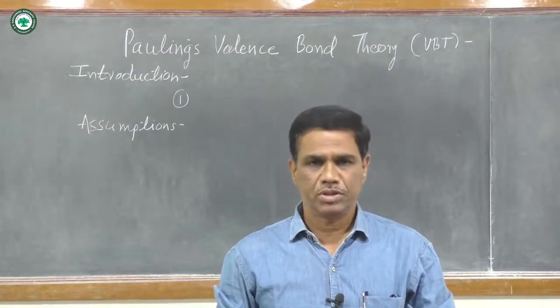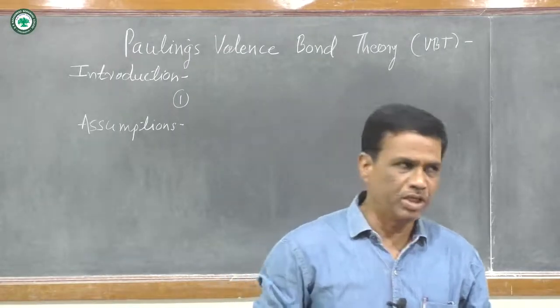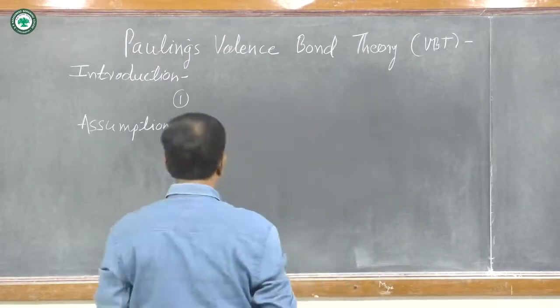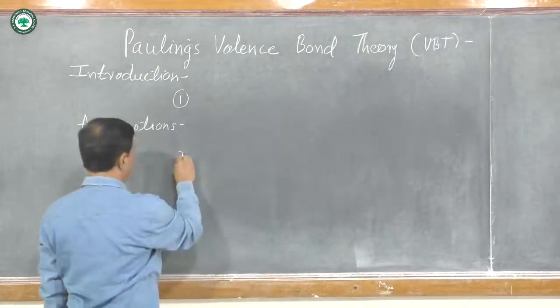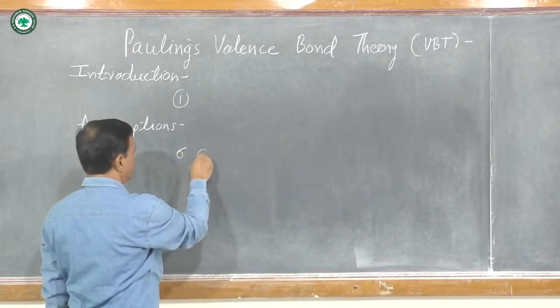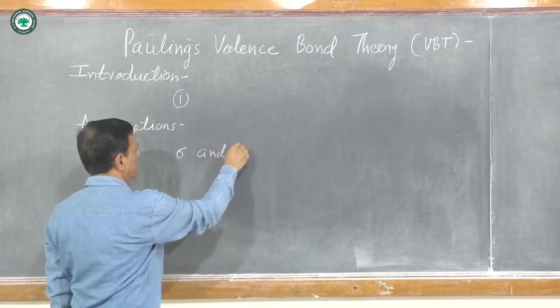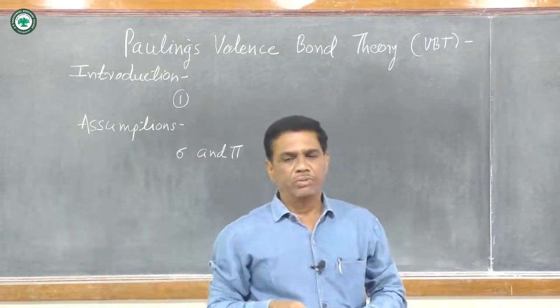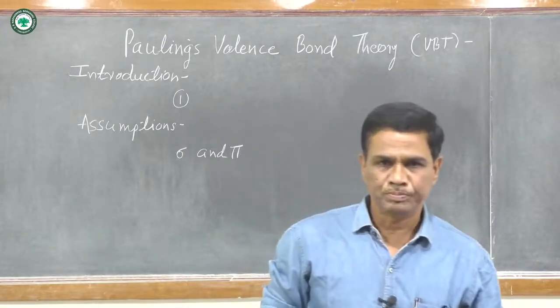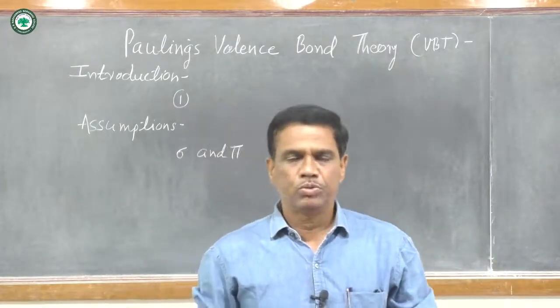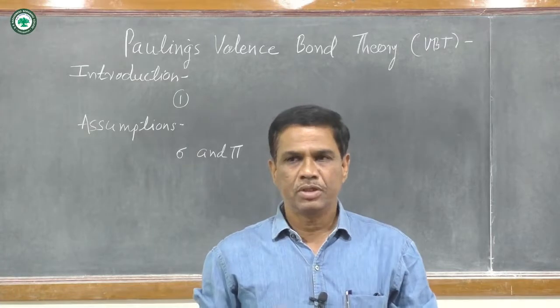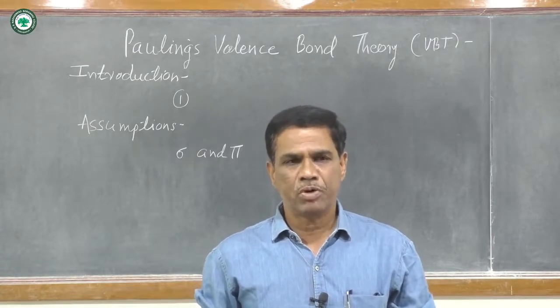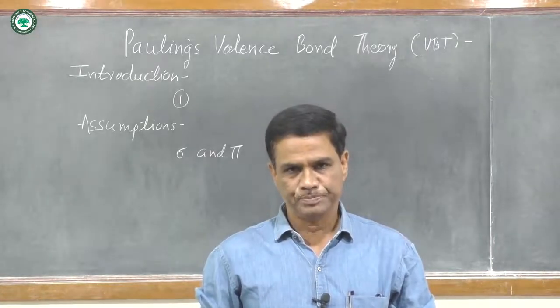Third, when there is a donation of electrons, sigma and pi bond formation occurs. There is a formation of coordinate bonds, and those coordinate bonds are either sigma bonds or pi bonds. When the coordinate bond is formed between metal and ligands, the geometry and shape of the molecule is identified.